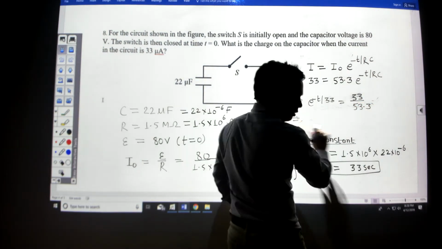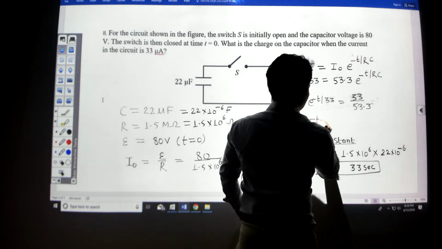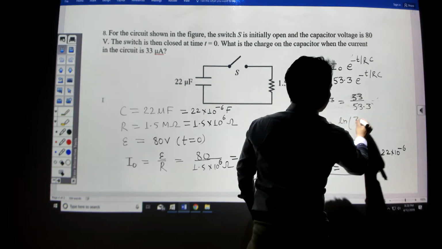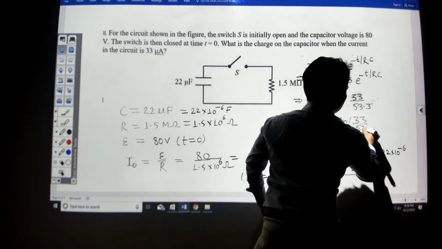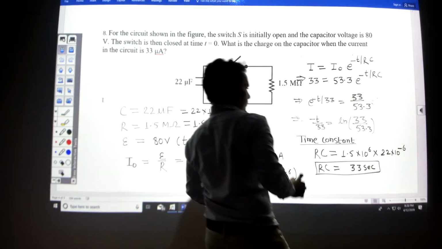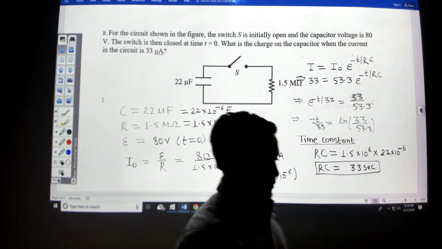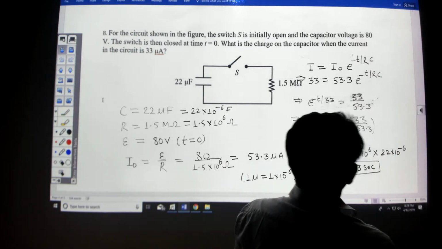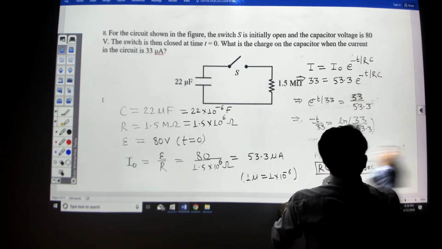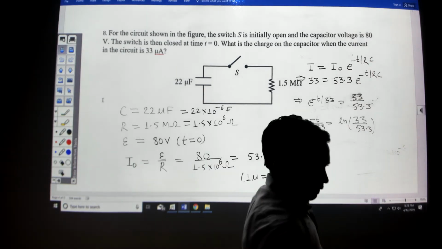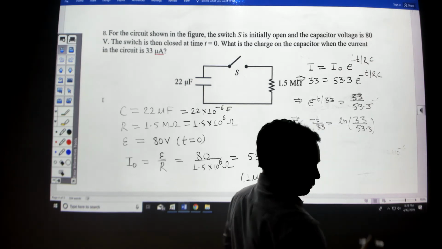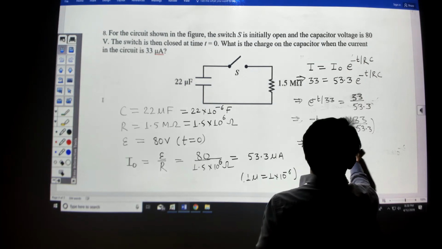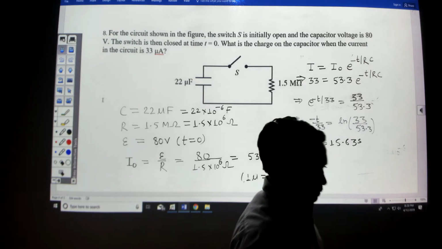Now I'm taking log on both sides, so this will be t over 33 times log of 33 divided by 53.3. I'm just taking the log onto both sides. So now I have to erase this one too. And you can solve for the time. The time is 15.63 seconds. If you solve it, you'll get 15.63 seconds.